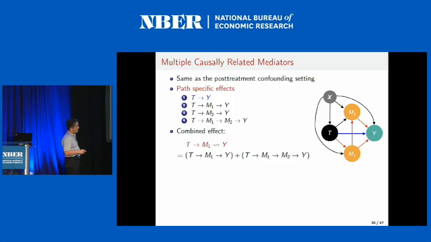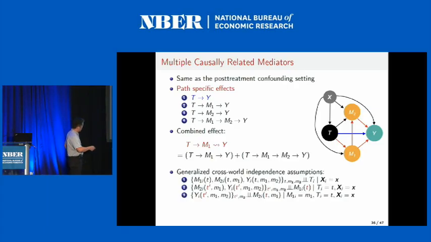Okay? Now we know how to identify this combined effect. That's just your standard mediation problem, because this is the first mediator. So there's no post-treatment confounder under this setup. We cannot identify each one separately, but we can identify this combined effect together under the cross-world independence assumption. This is a generalized version of the assumption.